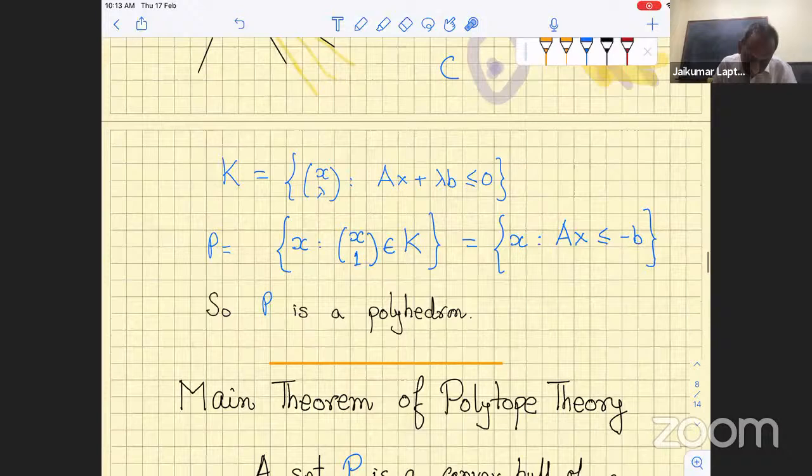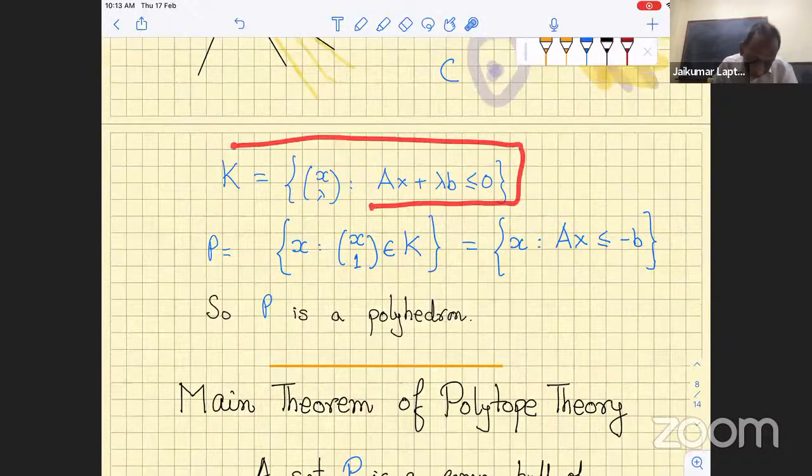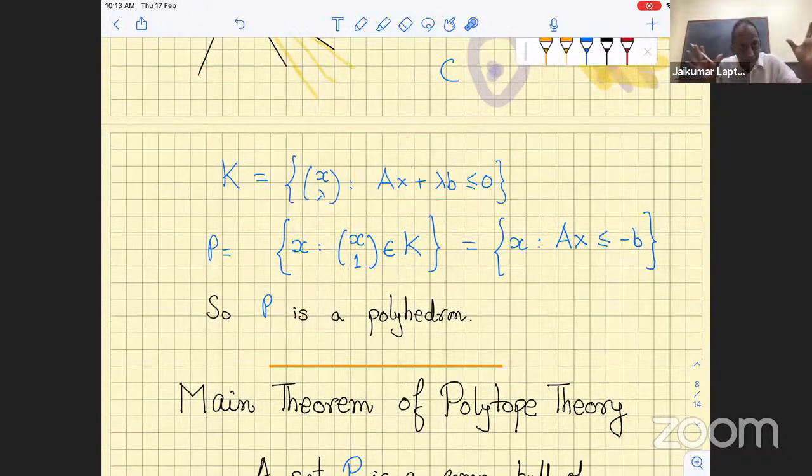So now that we have got our hold of this equation for the cone, which is a much enlarged object, we can restrict that cone to lambda equals 1, and we get this inequality.